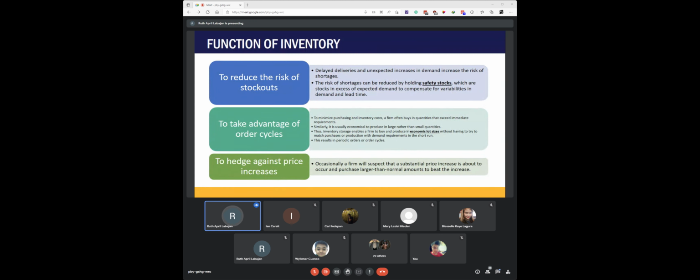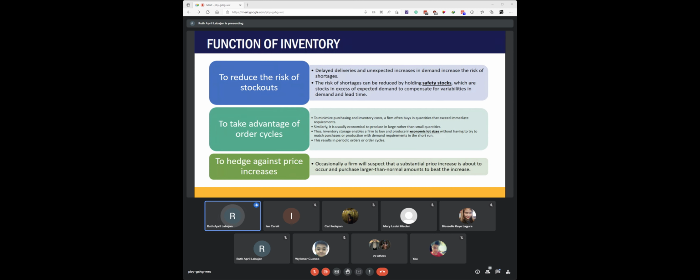So inventory can be held in excess, meaning you can increase your inventory a little bit, which is what we call safety stocks. Companies sometimes hold safety stocks, which are still a type of inventory, in order to hedge against delayed deliveries or unexpected increases in demand.